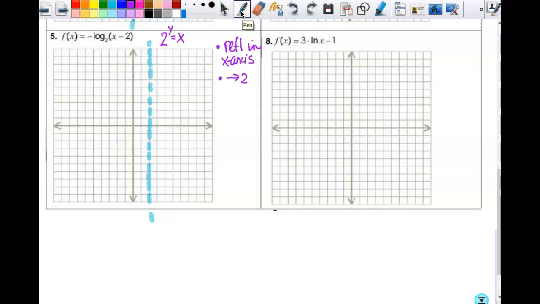Okay. So then I start with my anchor points from my parent function. For the parent function, when y is negative 1, what is x? 1/2. Then I reflect in the x-axis, right here, and I move to the right 2. So I end up with it right there. Okay? Then when y is 0, x is 1, I reflect in the x-axis, which means I go nowhere, and then I move to the right 2.